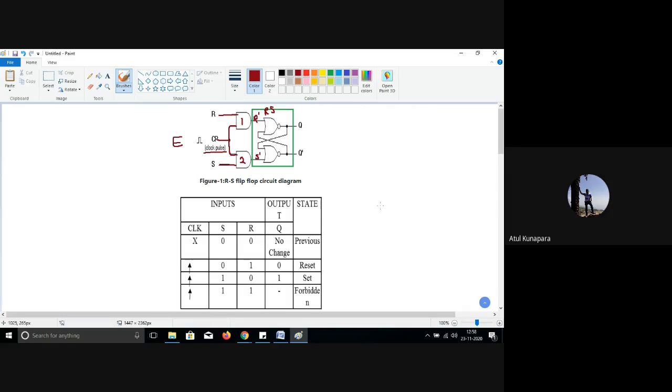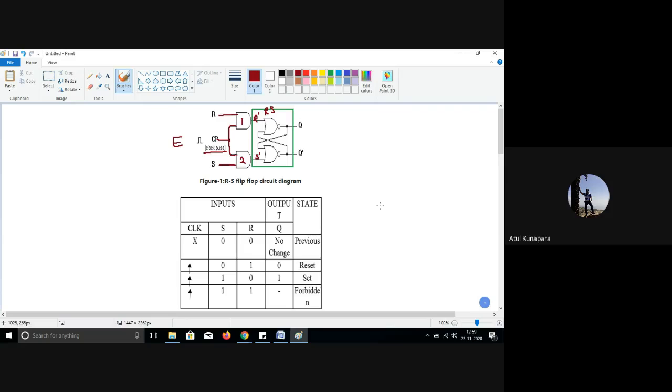So the inputs R dash and S dash decide what will be at the outputs Q and Q dash. If you set R dash and S dash equal to 0, 0, your Q will remain as it is, meaning no change. If you set R dash equal to 1 and S dash equal to 0, your Q will be set to 0 and Q bar will be set to 1. It means the part after AND gates number 1 and 2 works exactly the same as what we have just completed, the RS latch.